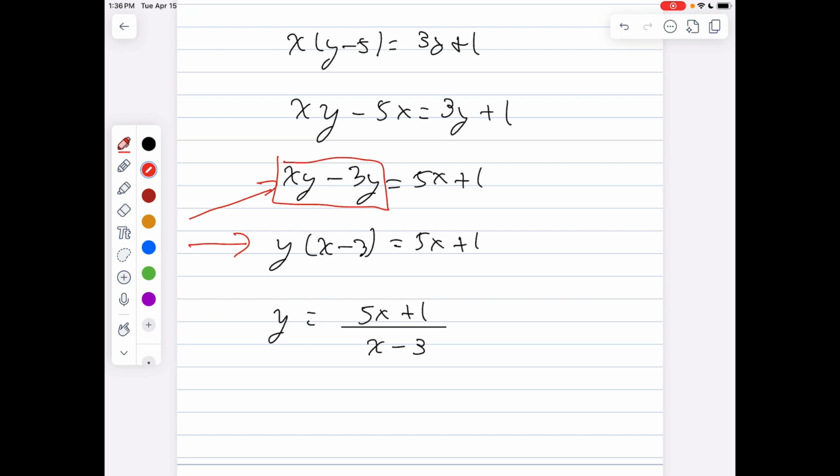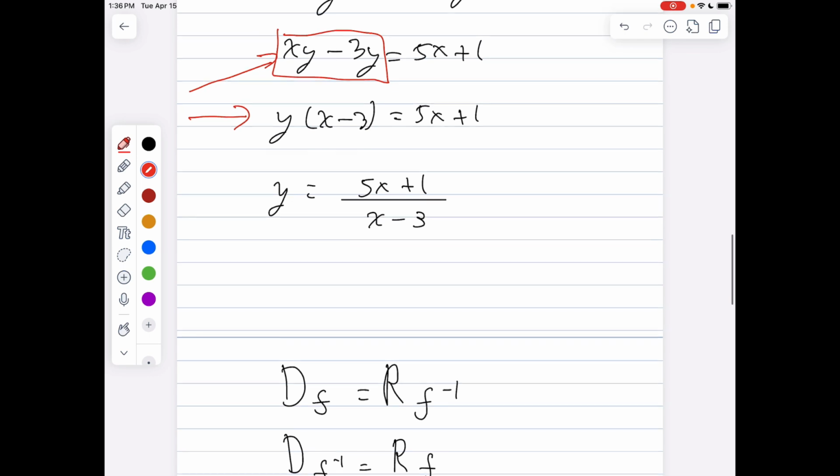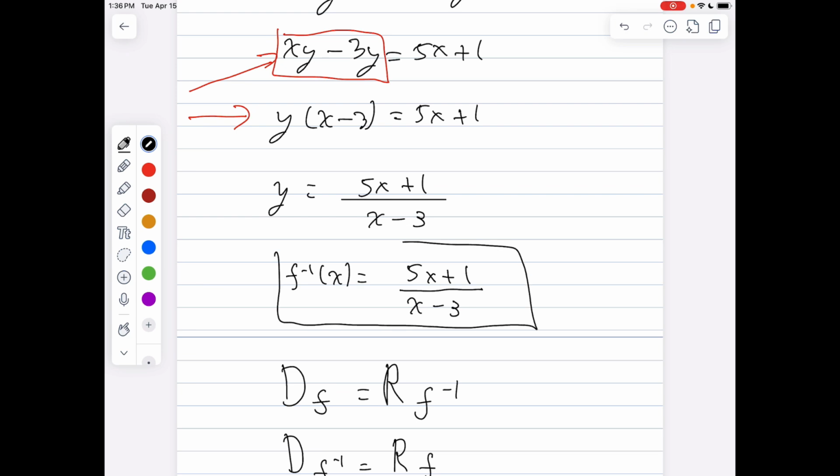So what I can do is simplify this by factoring a y out, and you get y times x minus 3, and from there I can isolate y. And technically for our last step, it's not really a step, but typically once you reach y, you replace the y with f inverse of x, and that's it. So you found your inverse.